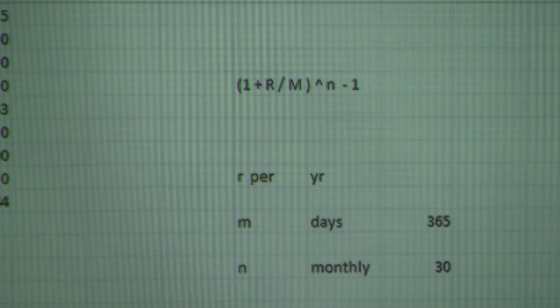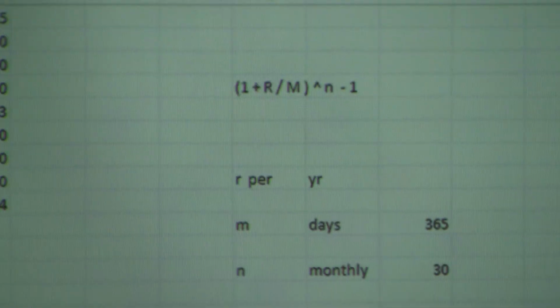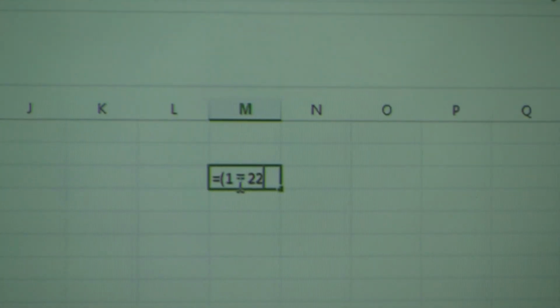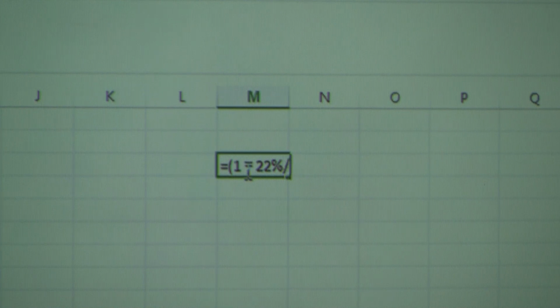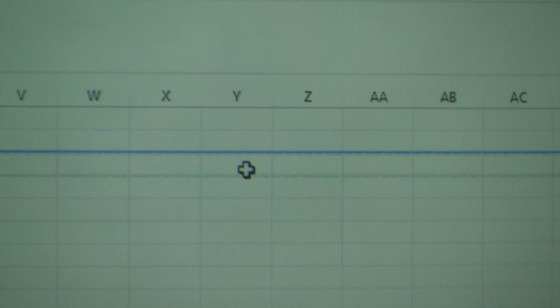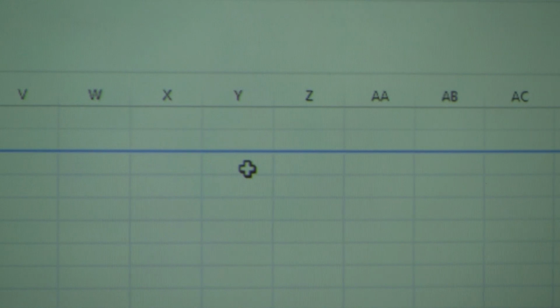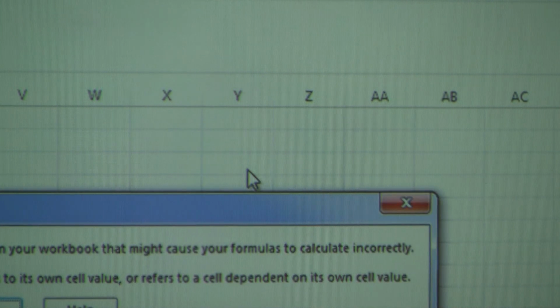So let's go ahead and plug that in. Equals 1 plus 22%. You don't have to use the percent symbol; you can do 0.22, divided by 365, raised to the 30, and subtract out the 1.